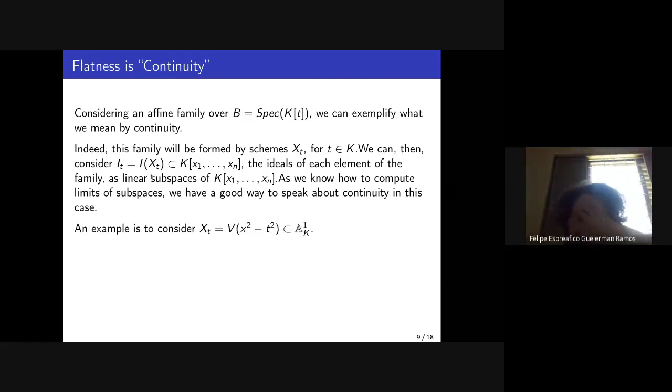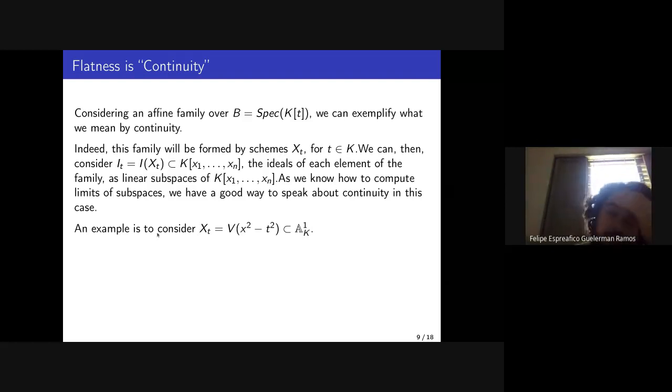I'm not going to really compute limits for linear subspaces and everything, but just so you know that it's simple to make everything that I'm going to speak about rigorous.